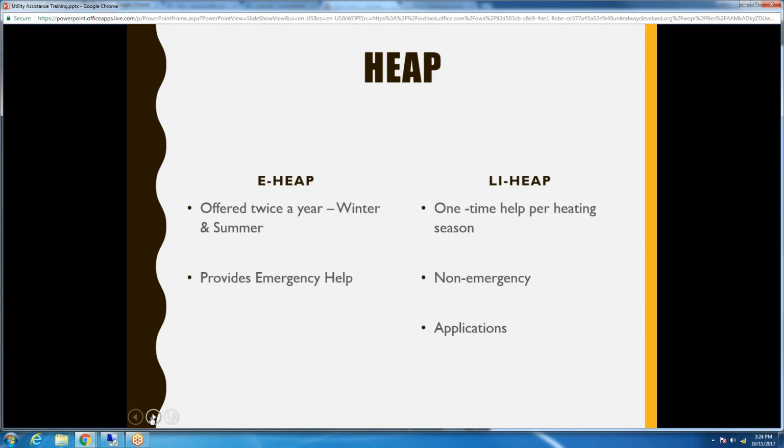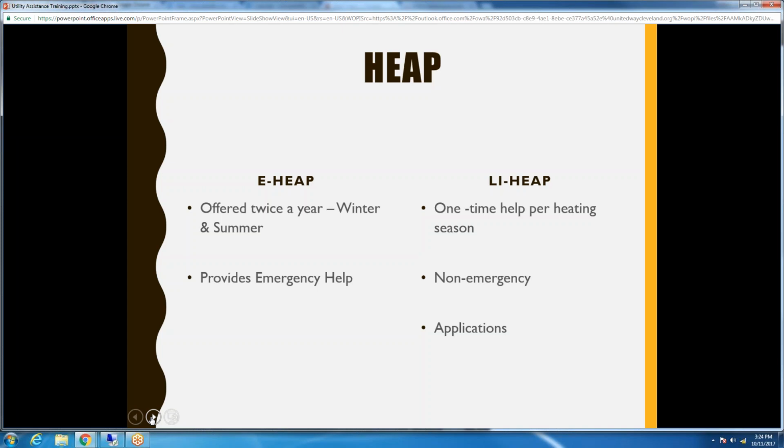So we're first going to discuss HEAP, which is the Home Energy Assistance Program. It is a federally funded program administered by the Ohio Development Services Agency's Office of Community Assessment, OCA, and it is designed to help eligible low-income Ohioans meet the high cost of home heating, or during the summer help with the electric bills due to air conditioning.